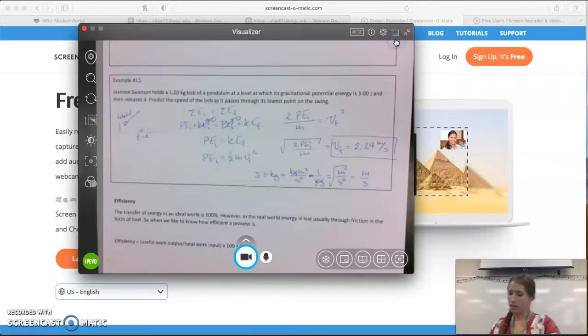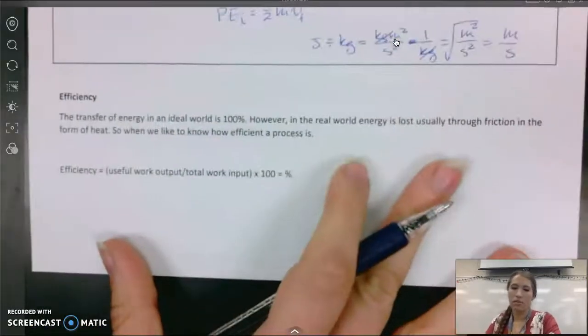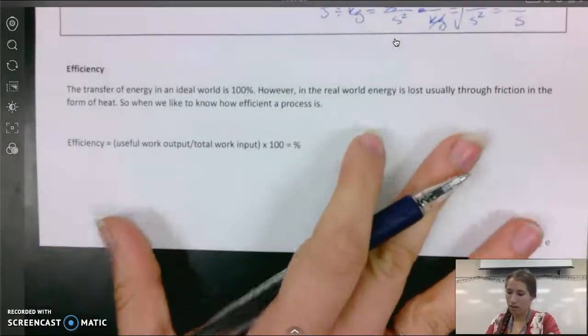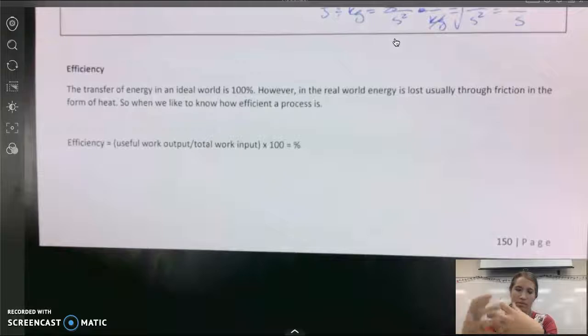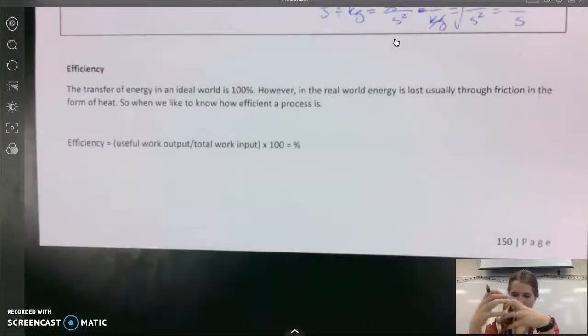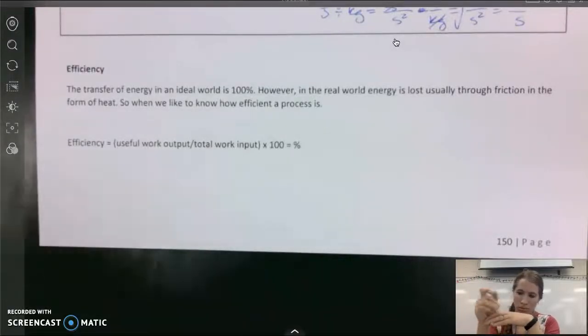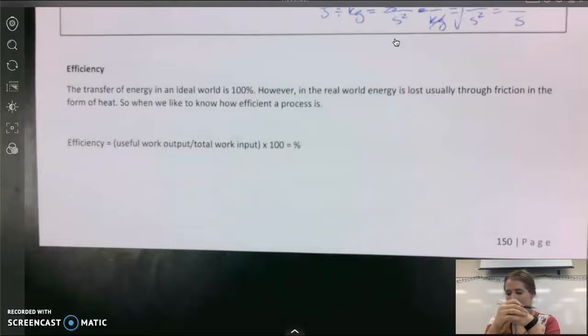Okay, last thought. We can figure out the efficiency of an object: the useful work or power that is given by the object or the machine, versus what we put in for it to produce that.